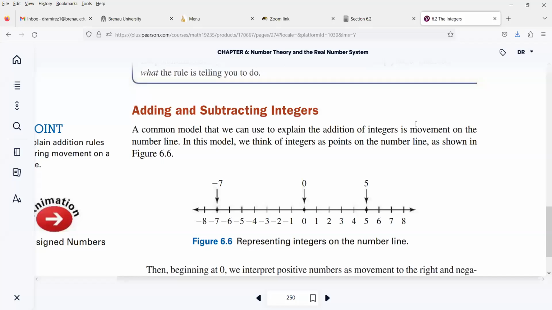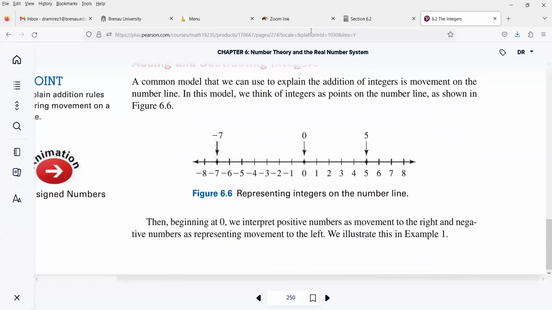A common model that we can use to explain the addition of integers is movement on the number line. In this model, we think of integers as points on the number line, as shown in the figure. So our starting point is going to be 0. Beginning at 0, we interpret positive numbers as movement to the right and negative numbers as movement to the left.